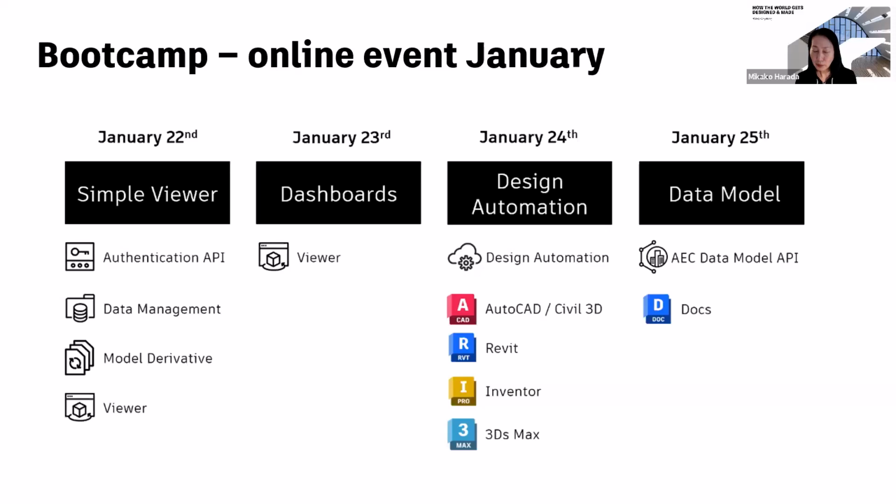As you heard at AU, we have released the ACC data model API, which allows you to access Revit property data directly in the cloud instead of opening the Revit file, for instance. So this new API will be included in the January one, in case you are interested.